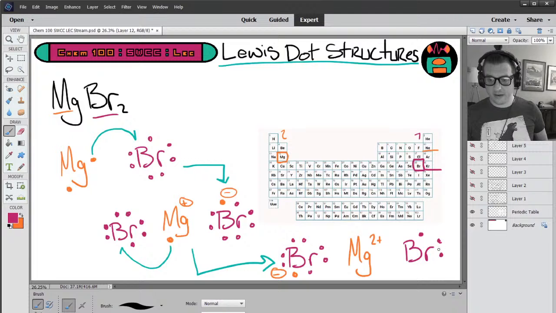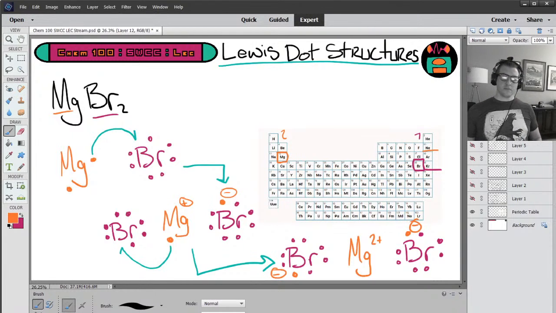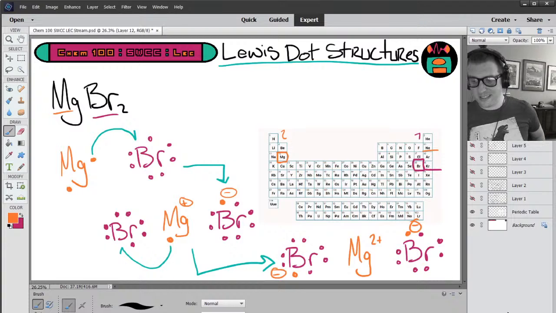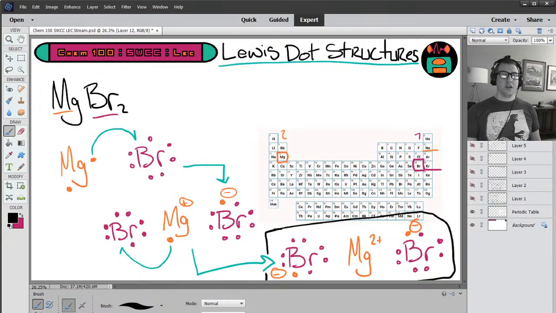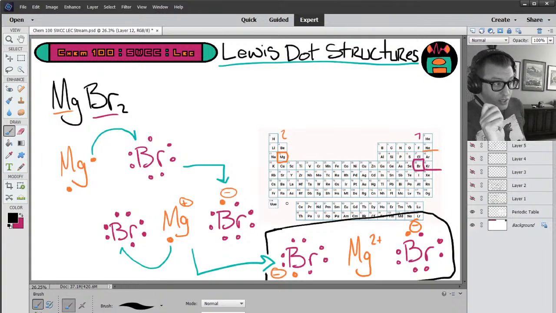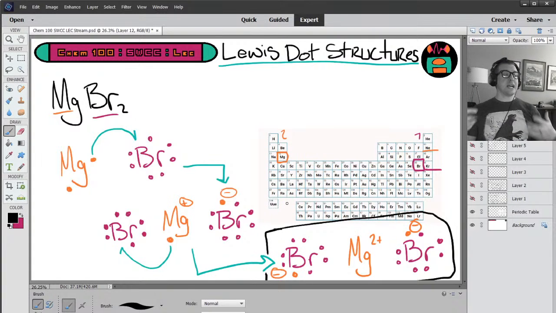It's happy. All right, and this is how a molecule of magnesium bromide forms.